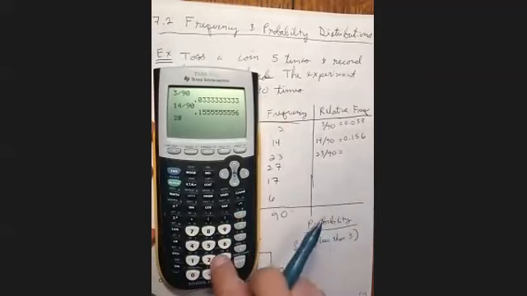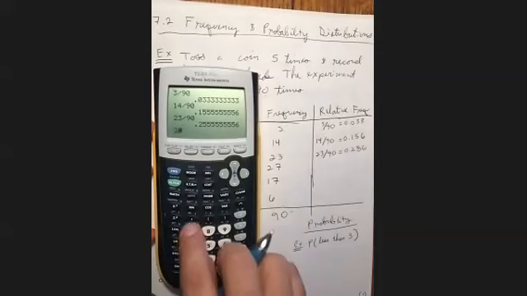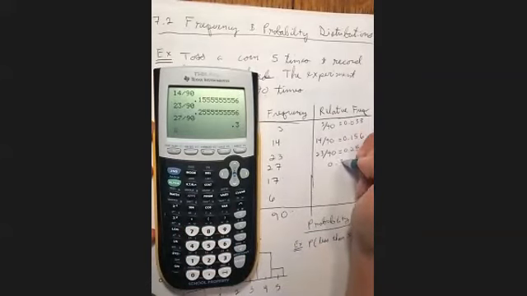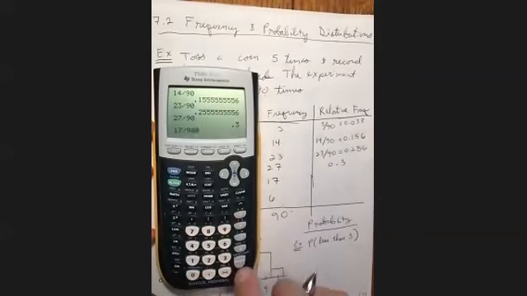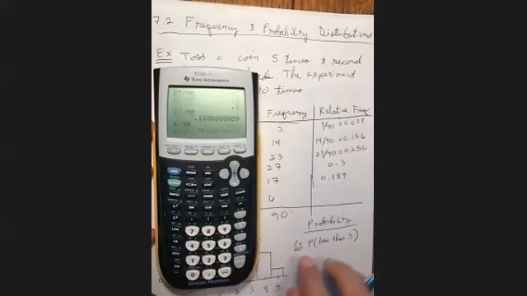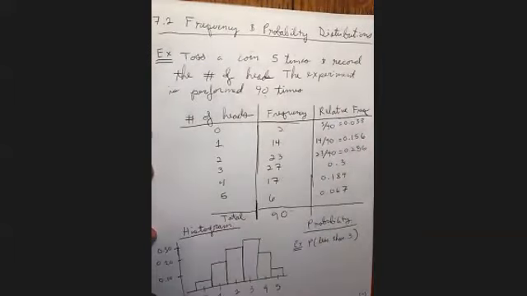So if I go through this for all of the occurrences, then this gives us all of our relative frequencies.